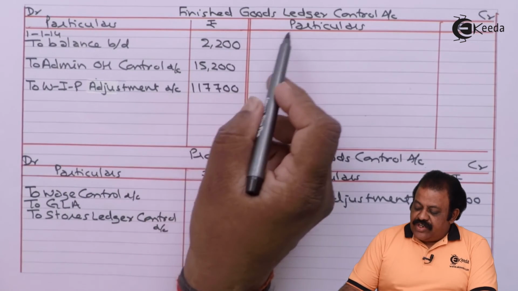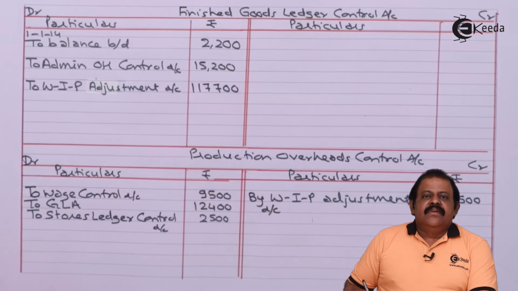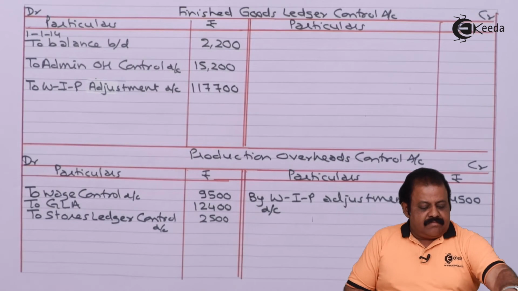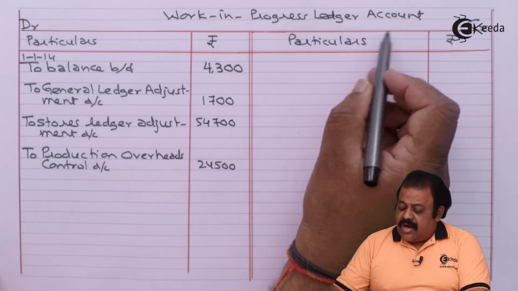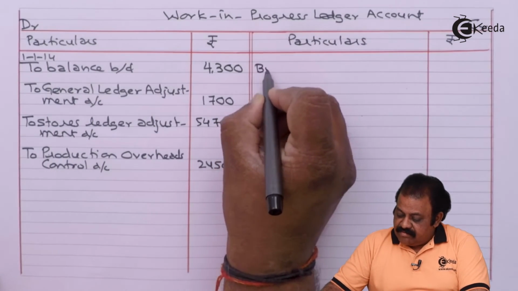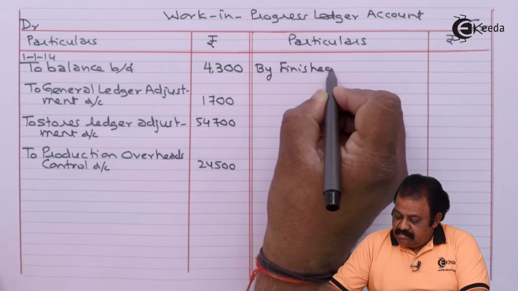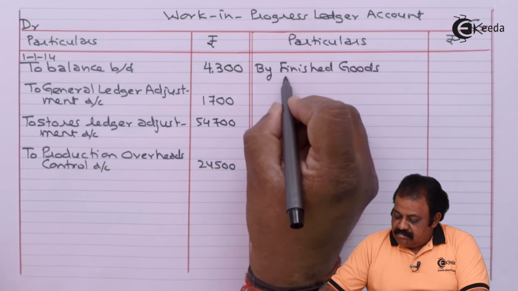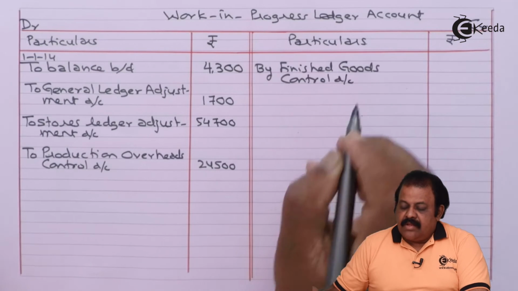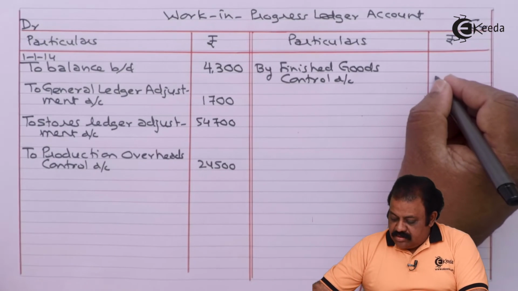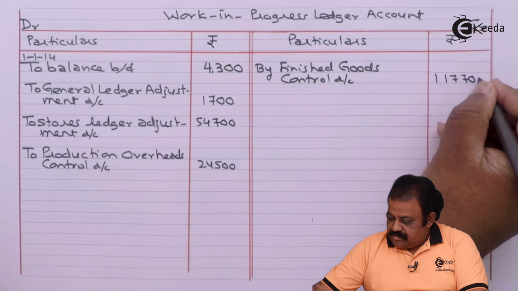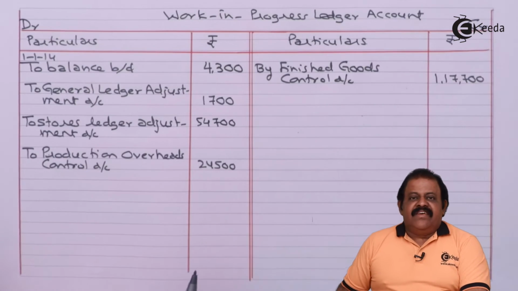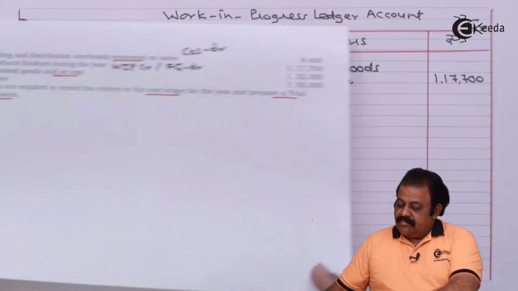This is debited to finished goods ledger control account. It will be credited to work in progress control account. Work in progress ledger account credit side by finished goods control account $1,17,700.